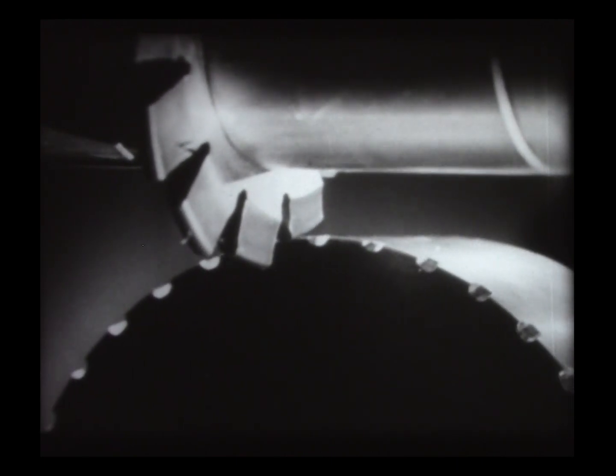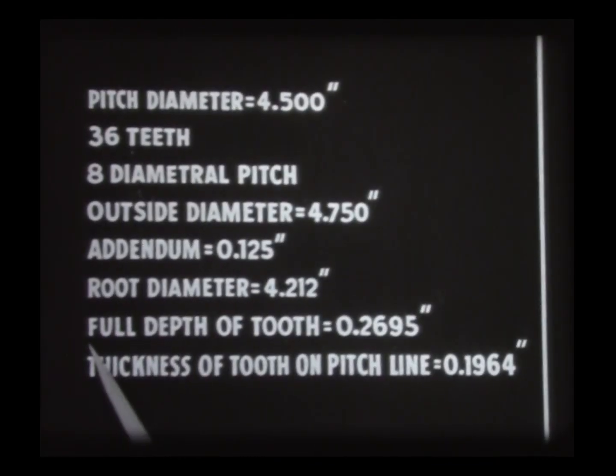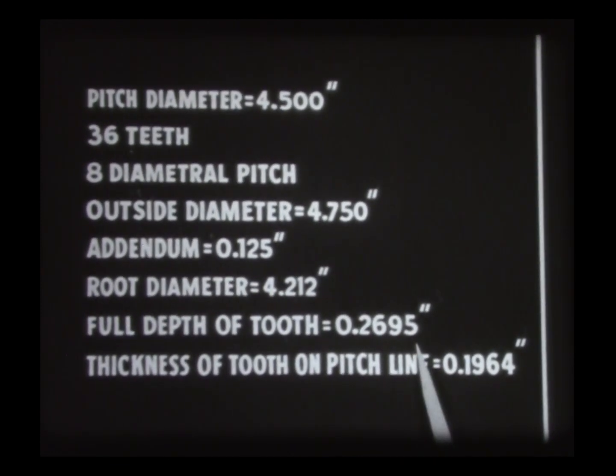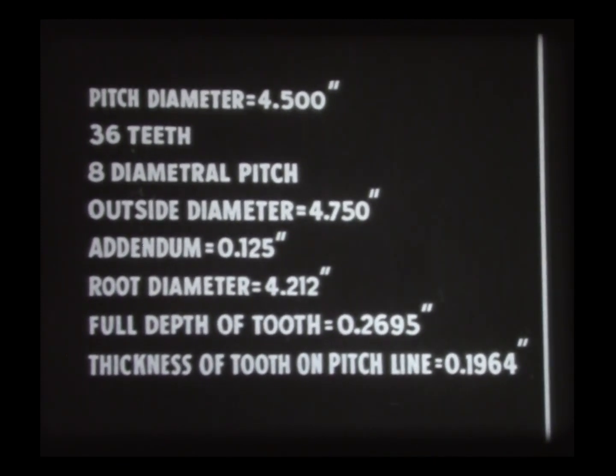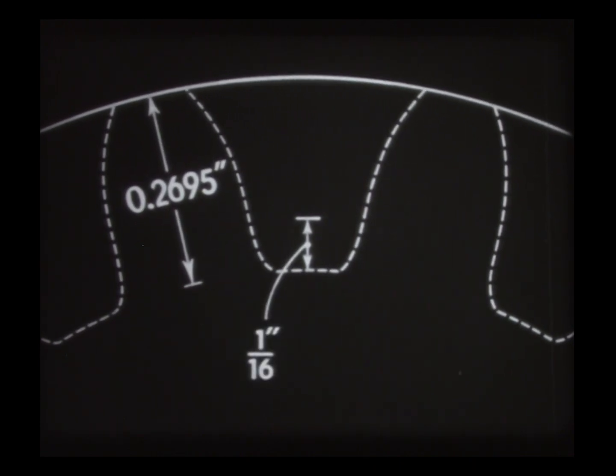With the dividing head correctly adjusted for locating each cut, the depth of cut is next calculated. The full depth of tooth is to be 269.5 thousandths. Since the gear must be finely finished, 2 cuts are required. The second one a finishing cut of 1/16.